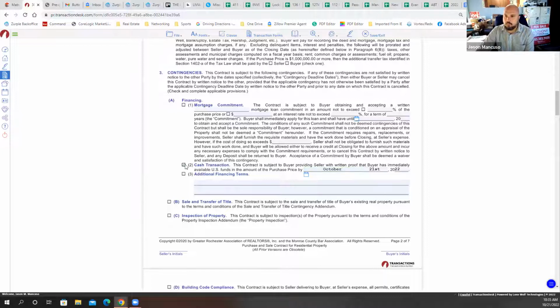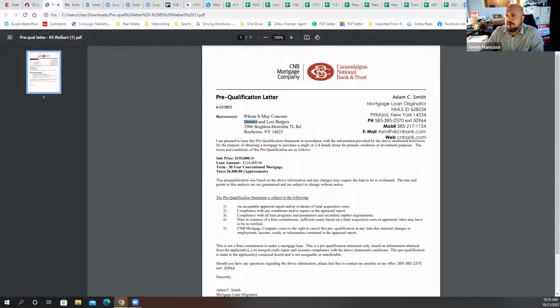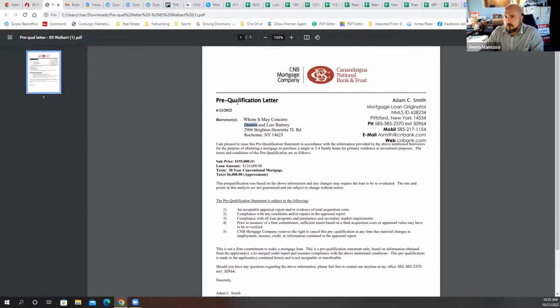Okay. We're going to move off of that because we want to get financing addressed. So back to the buyer's pre-qualification letter. And this is an old pre-qualification letter. It's October. As an agent, you would not want to use a buyer's pre-qualification letter dated 6 months ago or 4 months ago.